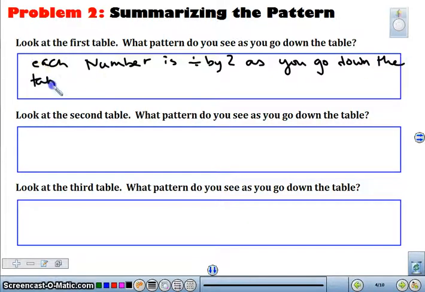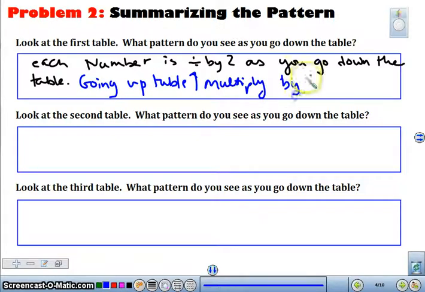If you were going up the table, starting from the bottom and going up, you would be multiplying by 2. Negative exponent just means reciprocal. Reciprocal is the key thing. Please make sure you write it down many times to get it in your brain.